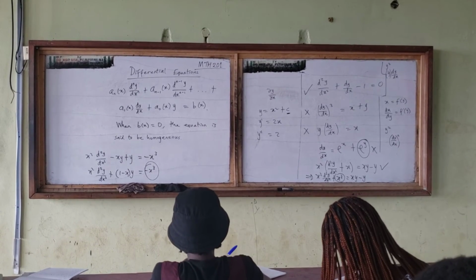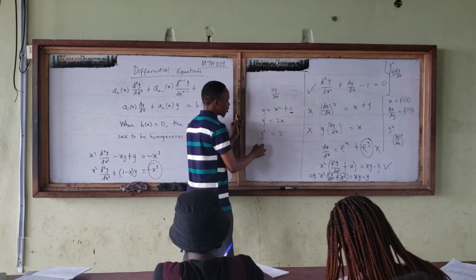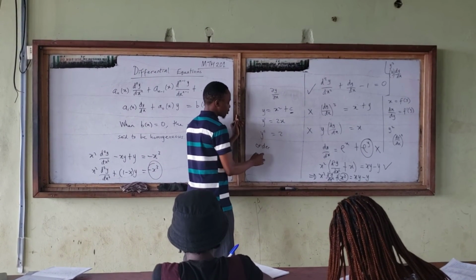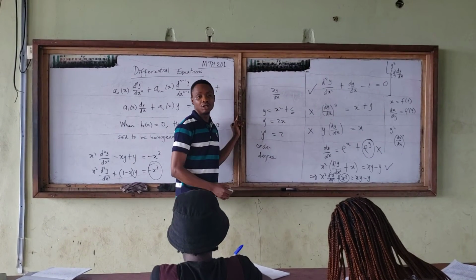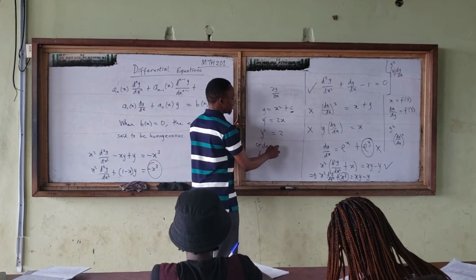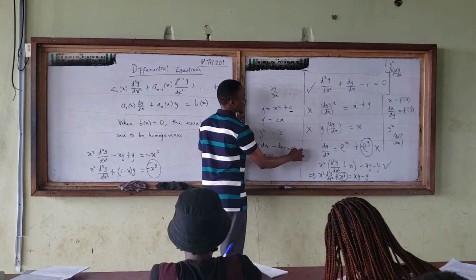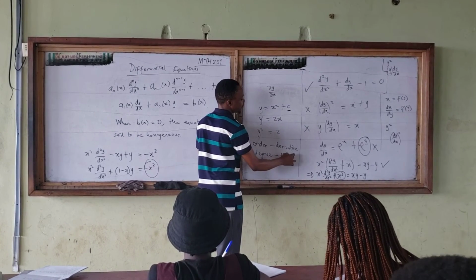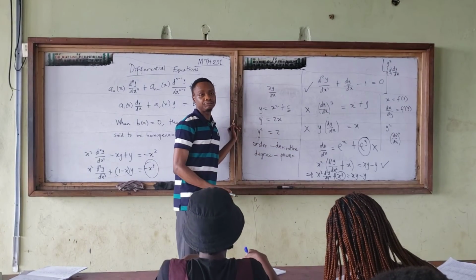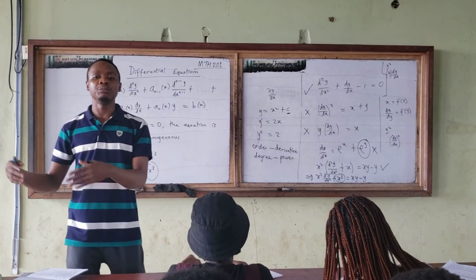Okay, so there is also another expression. Listen. There is what we call the order of the differential equation, and there is what we call the degree of the differential equation. Order has to do with the derivative that is present, whereas degree has to do with the power of the derivatives. Is that clear? Just like if you are talking about the degree of a polynomial.